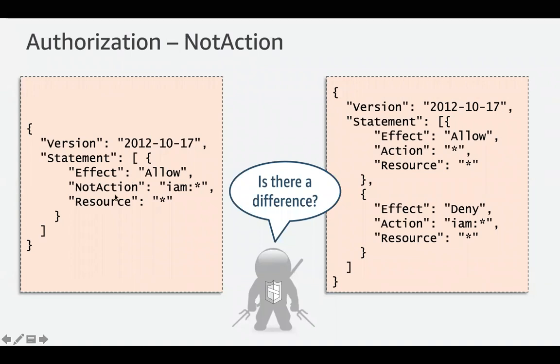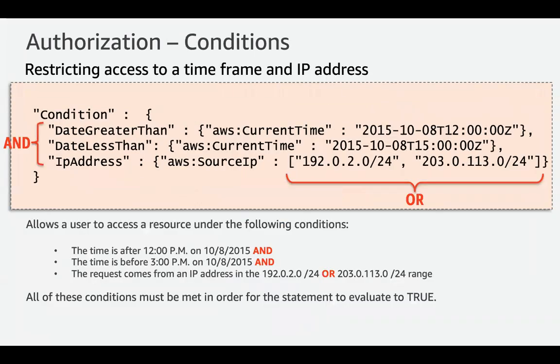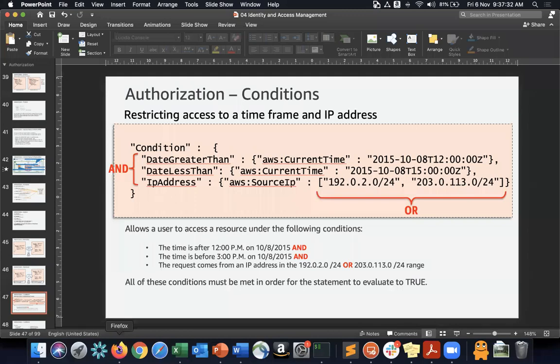So you have something called not action, and you have something called action, and you have effect as allow or deny. You can explicitly deny an action to be performed. That is also possible. We are going to see the difference between all of this. We'll come back to this. Probably this could be slightly confusing, but let's just go ahead and go back to the console.